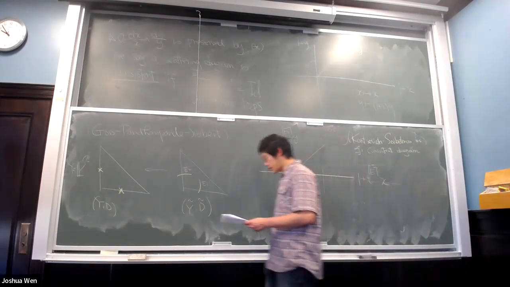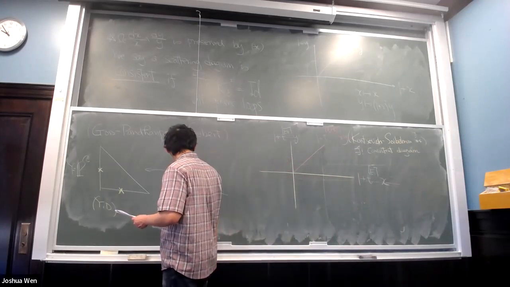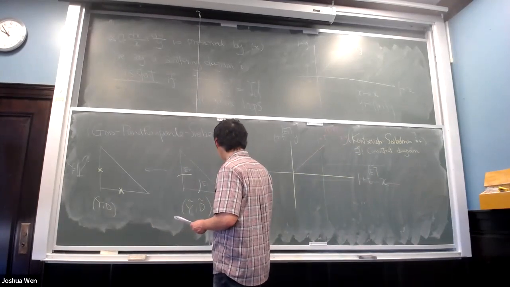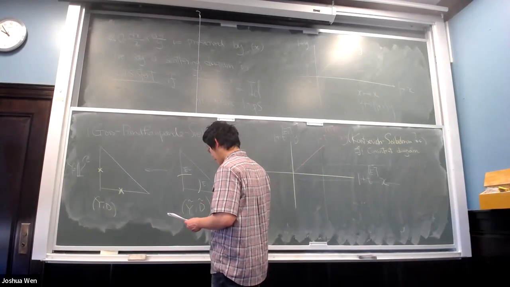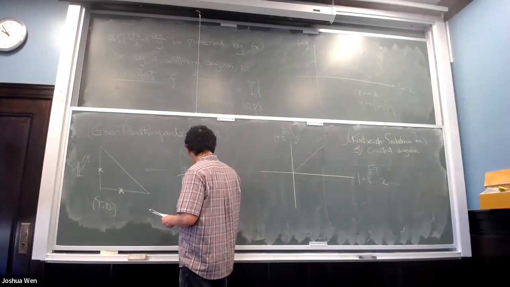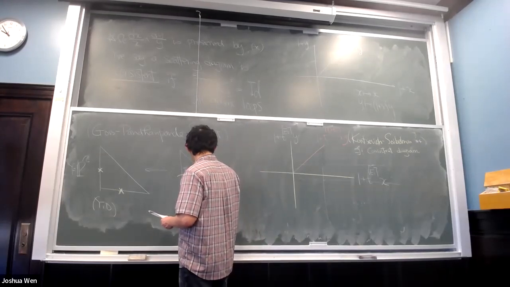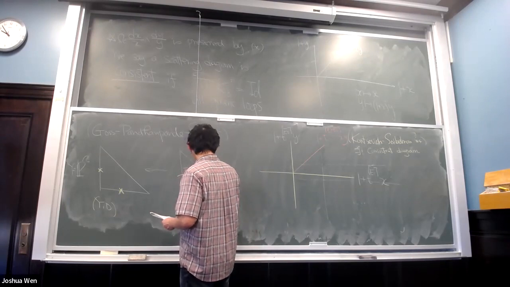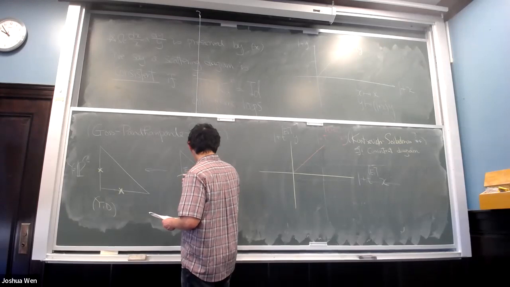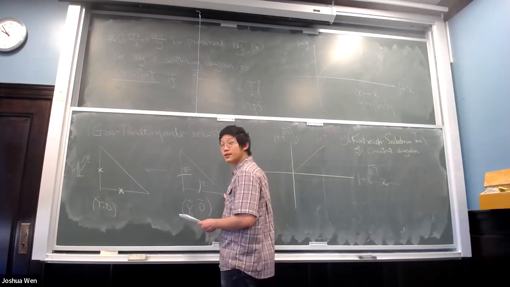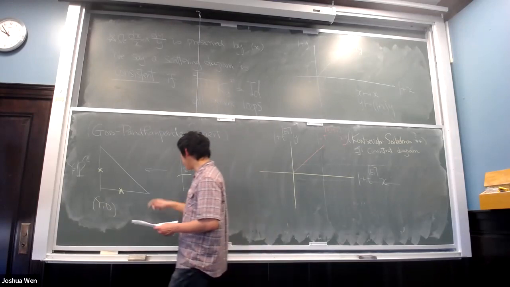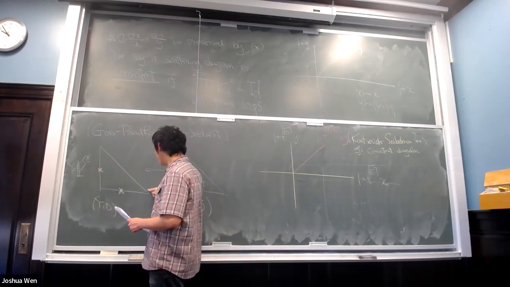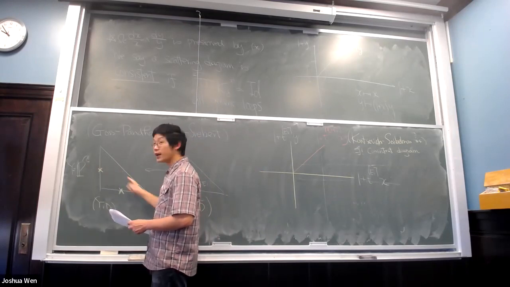So we have an A1 curve here: this point and this point will determine a line, and there will be exactly a unique line passing through them.